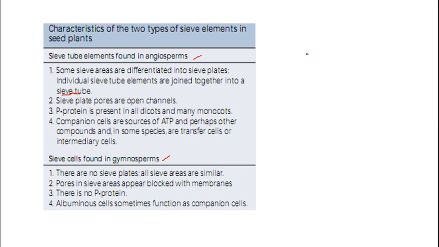So what we found here is that sieve areas are differentiated into sieve plates. There is the presence of sieve plate in angiosperm. And individual sieve tube elements are joined together.